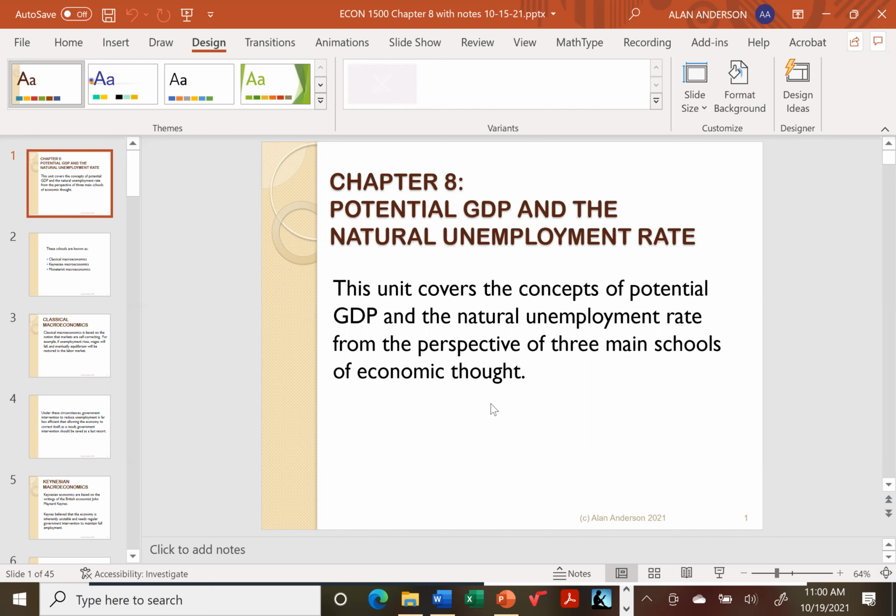And we did manage to get through a few of them. We looked at the Keynesians, we looked at the Austrians, and we looked at the monetarists. But there's a couple more that we want to consider as well. They all have their own outlook on this.